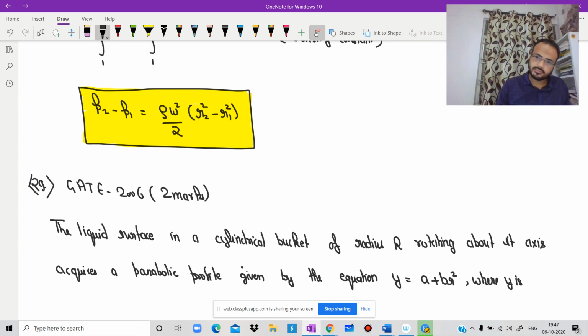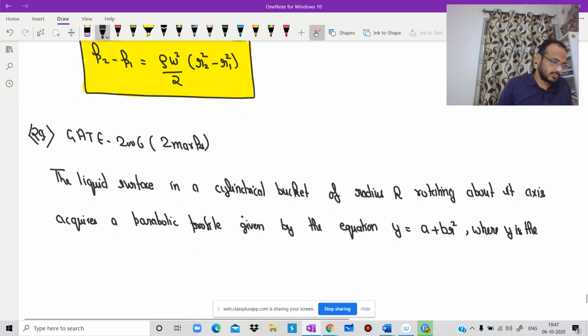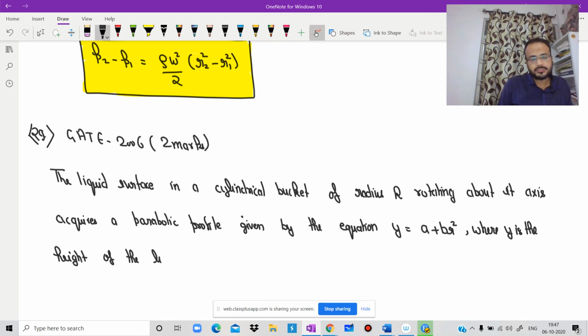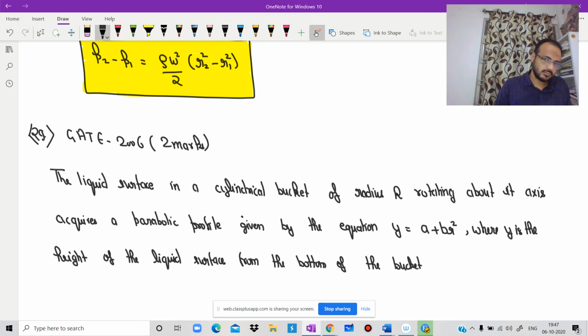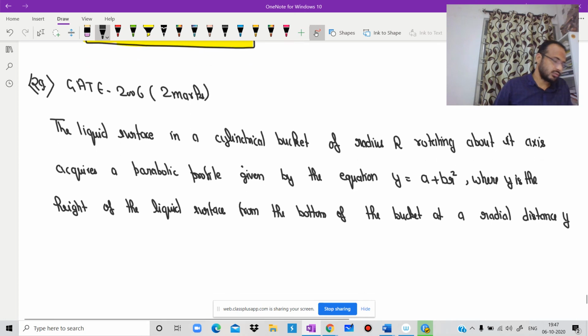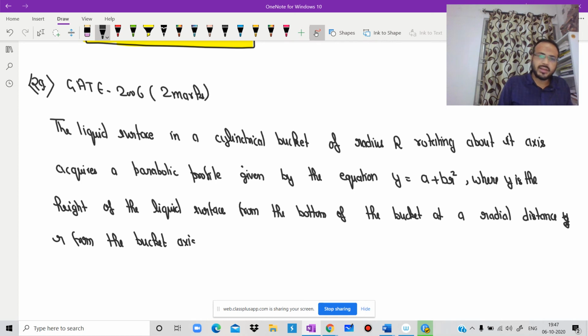where y is the height of the liquid surface from the bottom of the bucket at a radial distance r from the bucket axis.